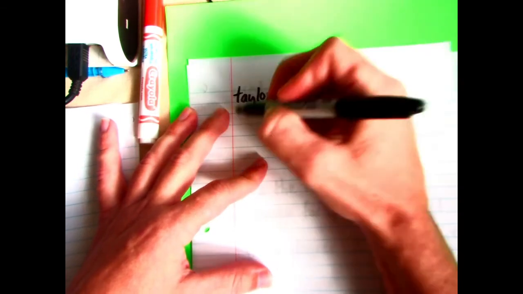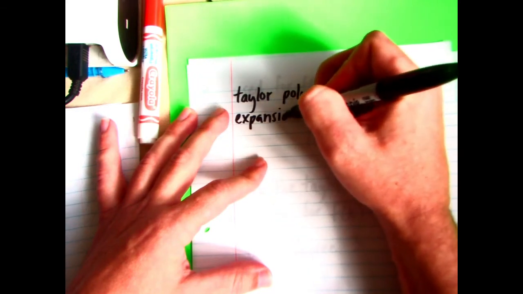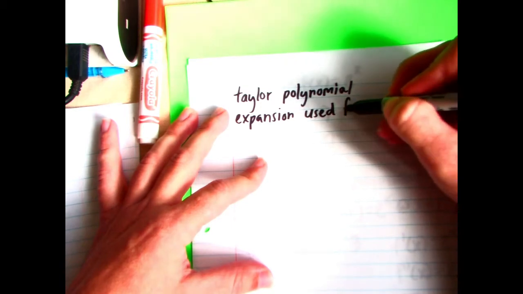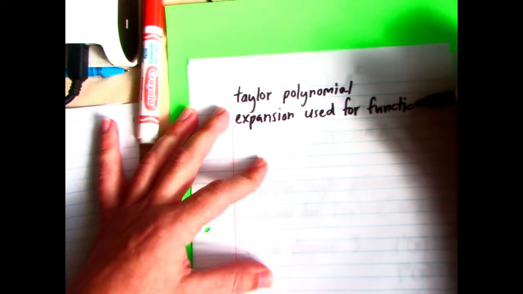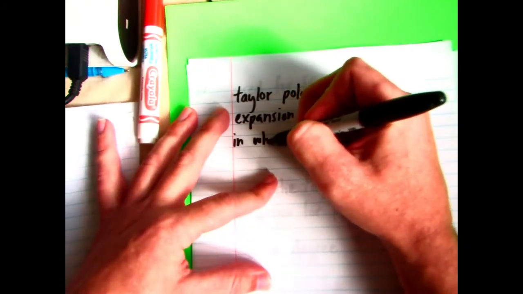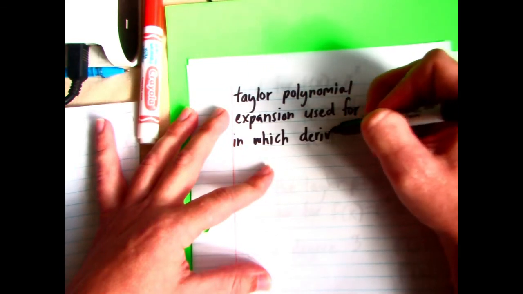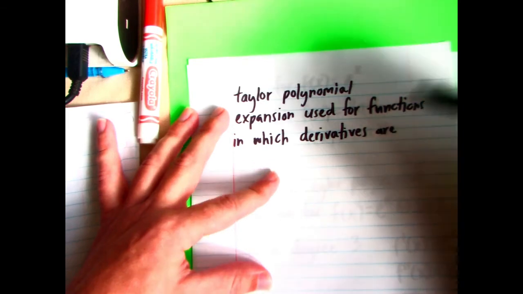So taking that idea a step further, each higher degree term, each next term in the Taylor polynomial, requires another derivative. For that reason, these Taylor polynomials will oftentimes be used for functions in which there are an infinite number of derivatives.